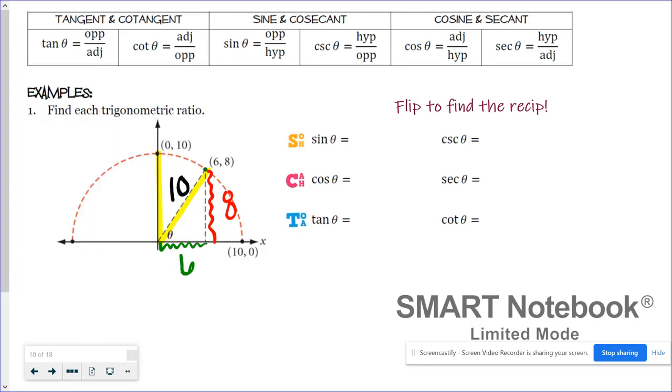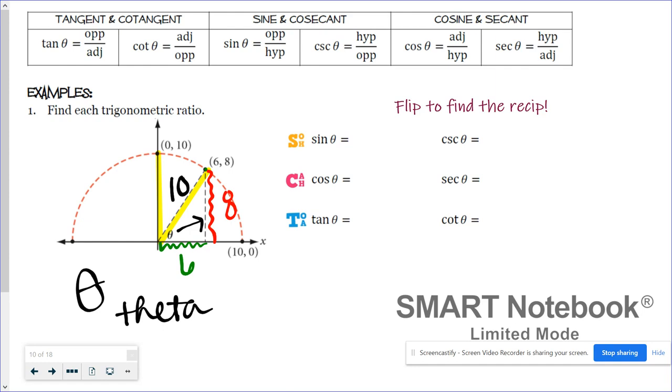So I'm gonna find my big three first because those I feel are the easiest to do because they have that little mnemonic that helps us. And so for sine, I have SOH. So sine is the opposite of theta. If you're wondering what is that, this is called theta. It's a Greek letter. It's very commonly used for angles.